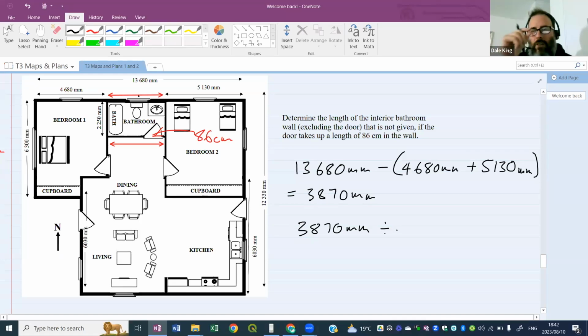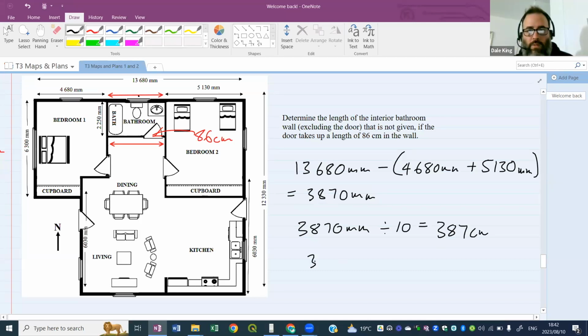Even less. How many of these little tiny millimeters are in 1 centimeter? If you look at the ruler, and you picture your classroom ruler, you've got 1 centimeter markings, and 10 millimeters in between. There we go. All right, so we divide by 10, and that'll give us 387 centimeters.